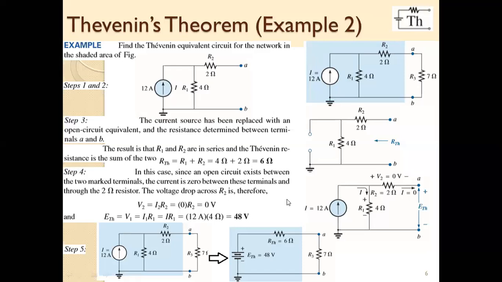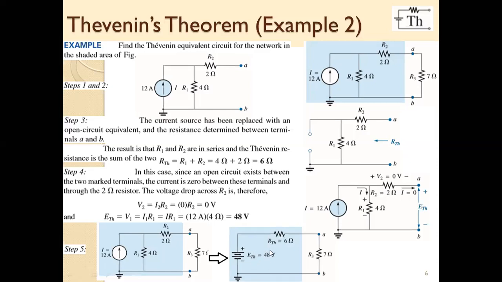It is equal to ETH. You solve it and you get 48 volt, because the R value is 4 ohm and the I value is 12 ampere, and none of the current is flowing this way because this is open circuit. So you get the value of ETH, that is the voltage from A to B. The final step, step number 5, is to make the Thevenin network: place ETH over here and place the RTH in series with it.